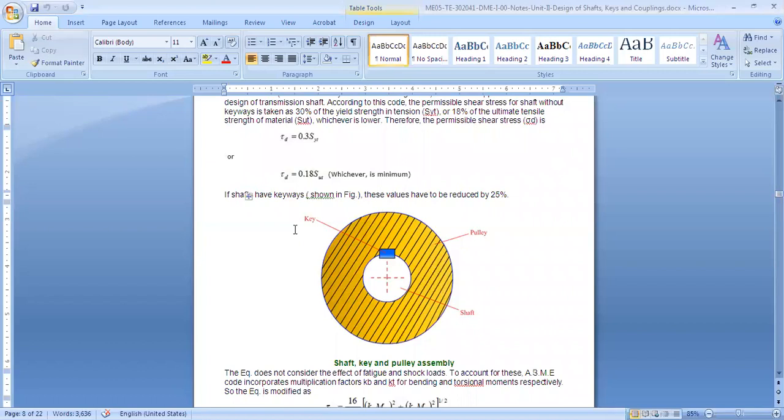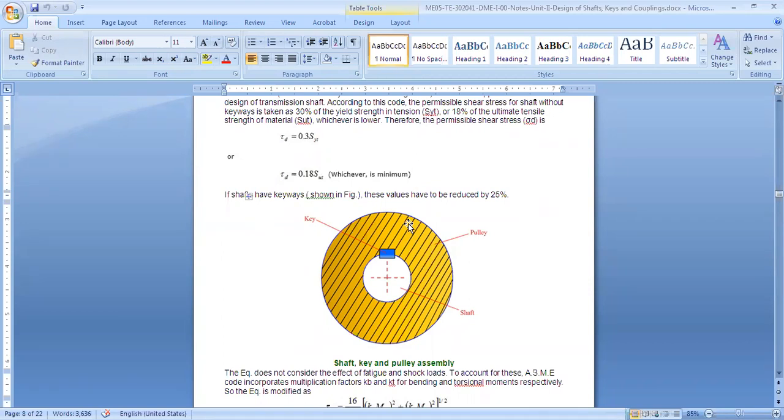Now say the SYT is 500, then 0.3 of that 500 becomes 150, and 0.18 of 500 becomes 90. So 150 and 90. In that case, we will take the allowable stress as 90. Then multiply that again with 0.75 to consider the keyway.